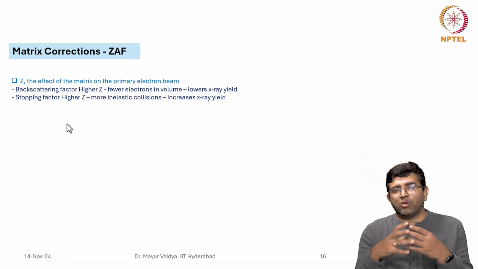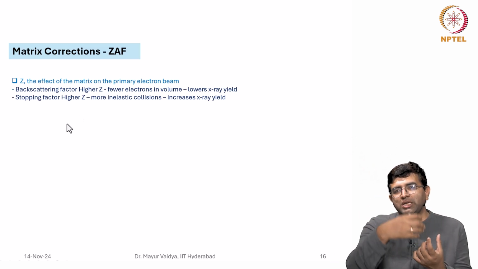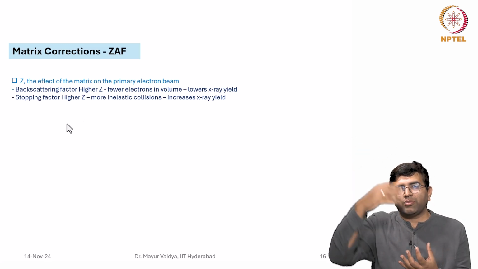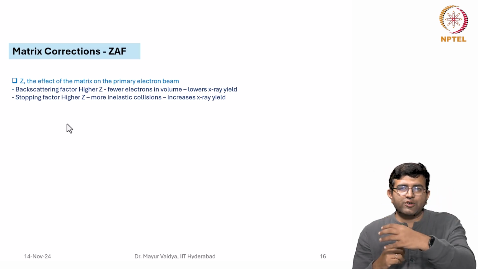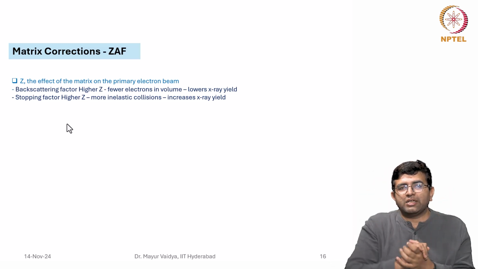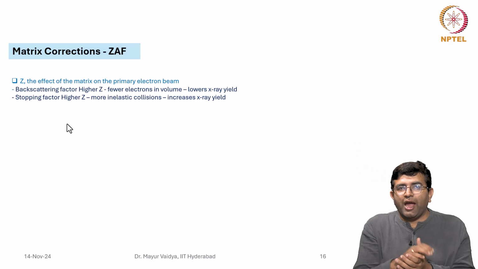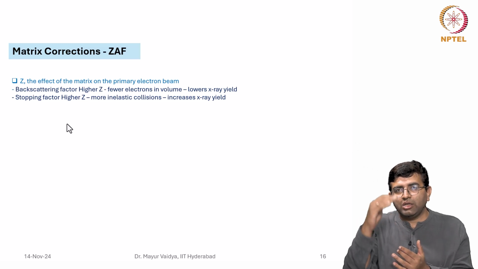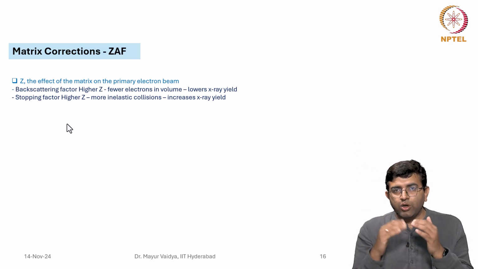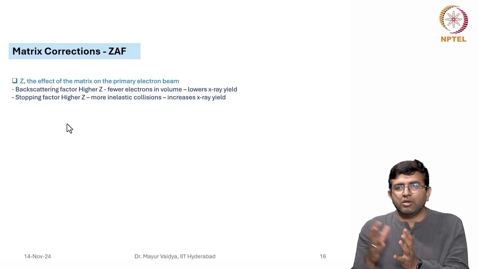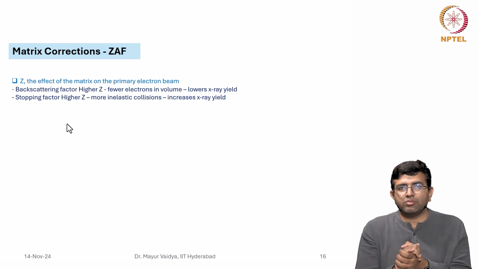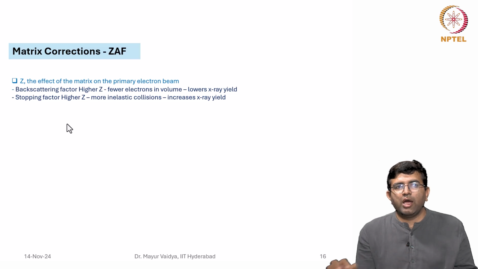If the atomic number is high, a lot of backscattering of the primary electron beam can happen. So instead of knocking out the electrons, the beam may get scattered back, and therefore it will lower the yield of the X-rays that come out.